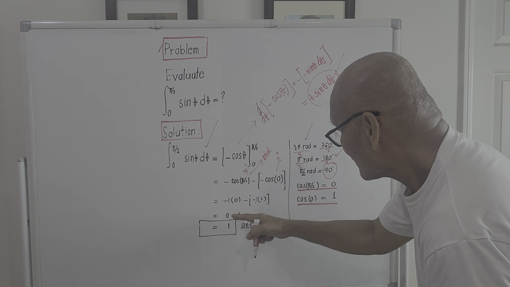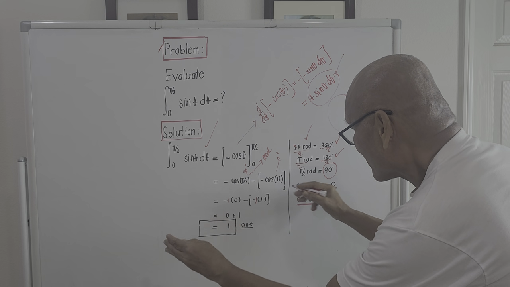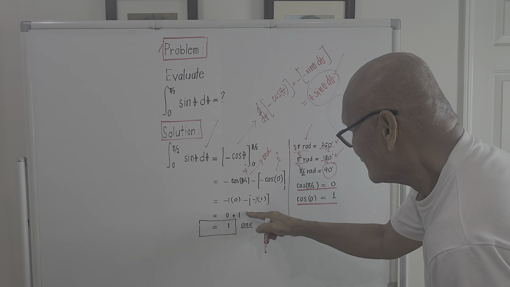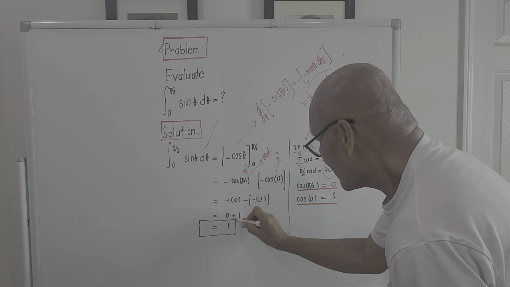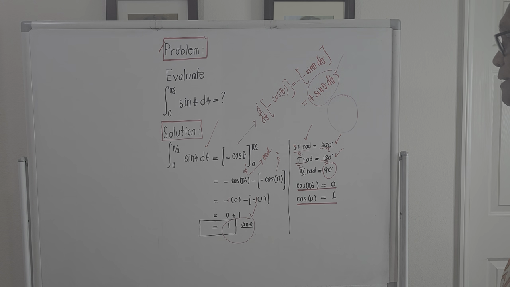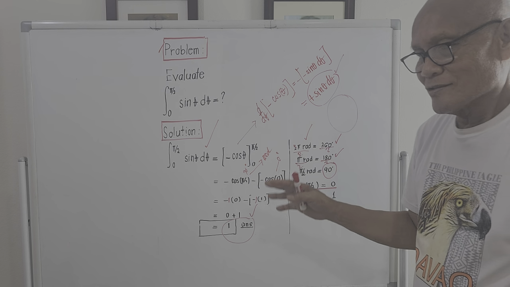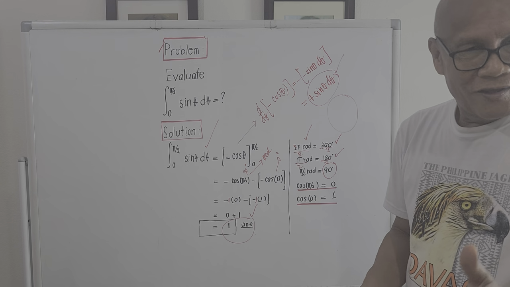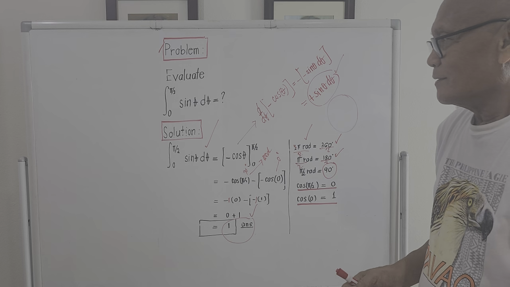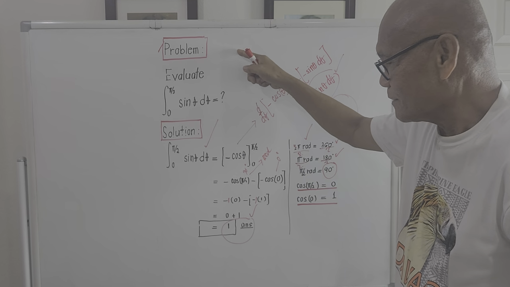And negative 1 times 0 is 0. And if we try to remove the bracket here, it will become a plus 1. So the final answer here is plus 1. Okay? That's the solution of this simple definite integral evaluation. That is the integral from 0 to pi over 2 of sine of theta differential theta.